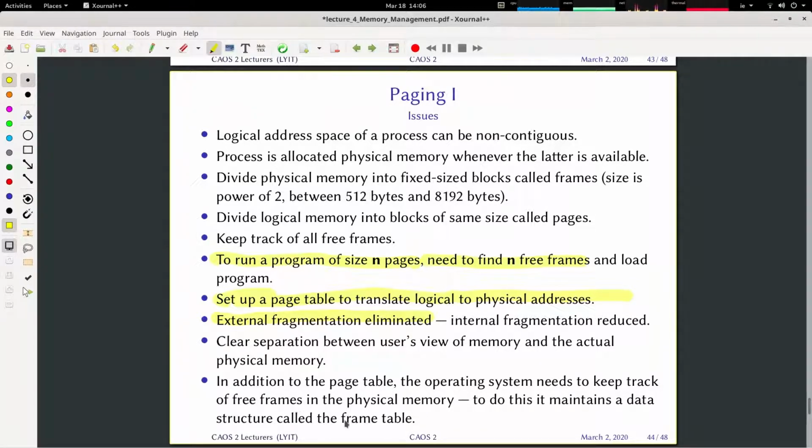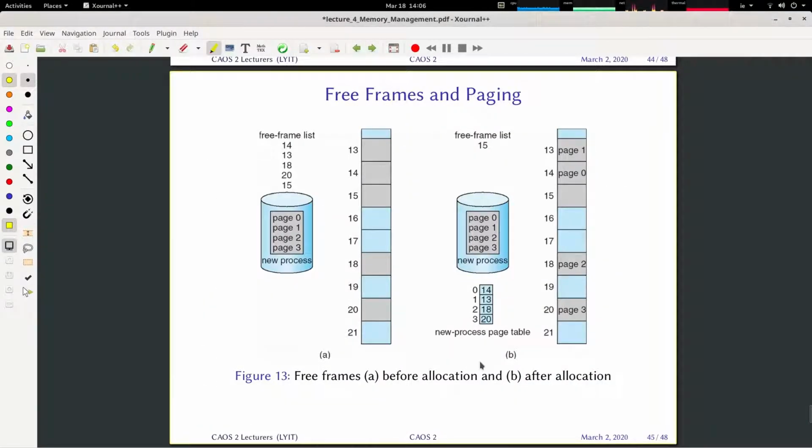You'll see also that there are some other data structures that need to be taken account of. So for example, the kernel would need a data structure called the free frame list. So in this example here, you can see that you've got a new process. These are its logical pages here. And before this process can execute, it has to be loaded into main memory.